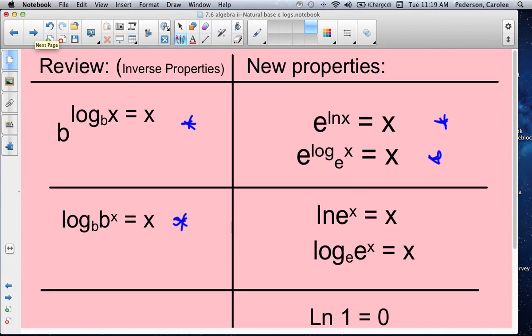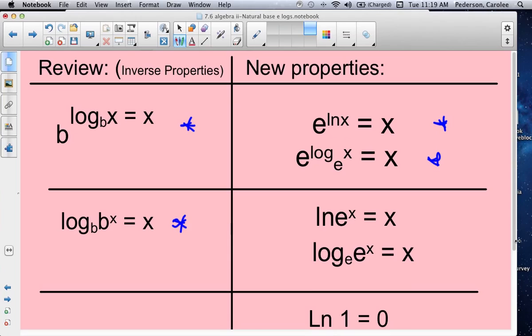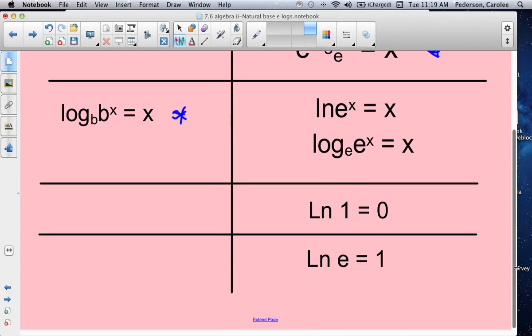Or e raised to the log base e of x, it also equals x. The next property, the natural log of e to the x and log base e of e to the x, cancel each other out, they're inverses, so you're left with just x. And then our last two, the natural log of 1 equals 0, and the natural log of e equals 1. Go ahead and pause if you need more time.